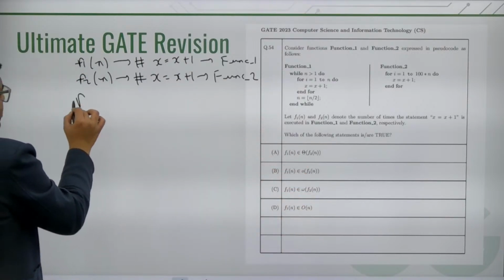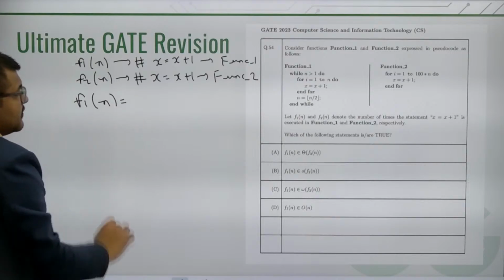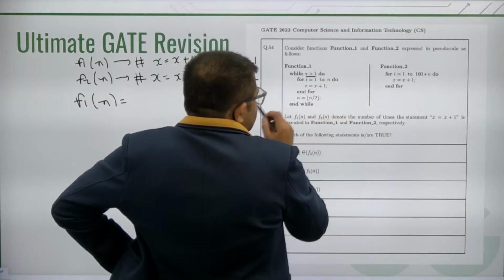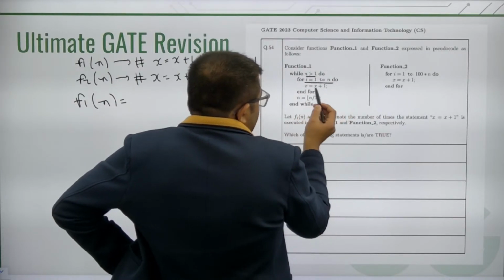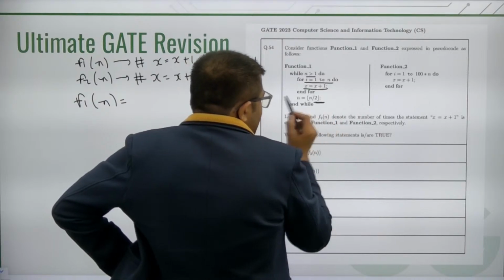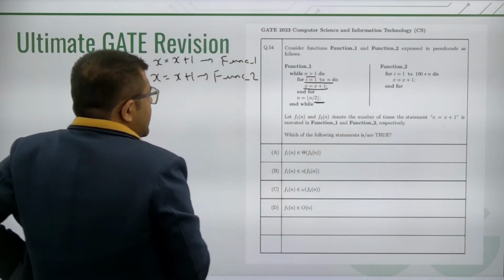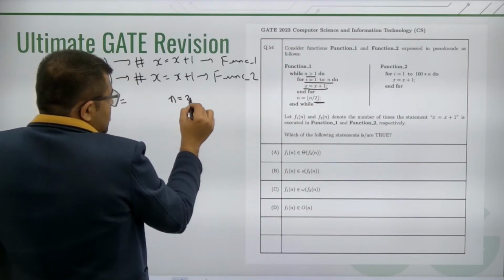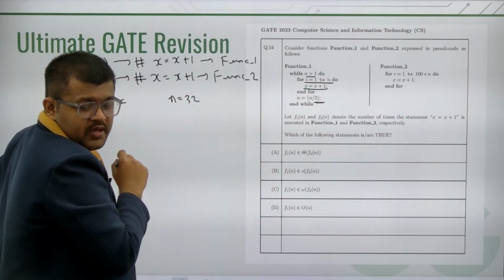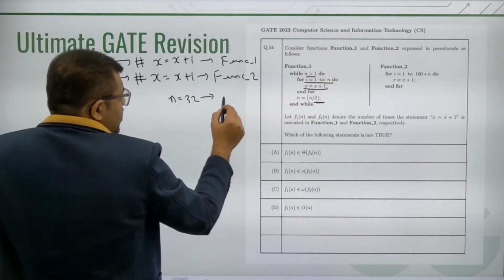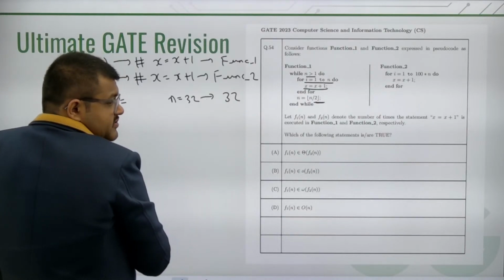So what will be f1(n)? Let us calculate. Here, while n is greater than 1, for i equals 1 to n, do x equals x plus 1 and then divide the value of n by 2. So we have an outer while loop. Let's say the value of n is 32. Here the inner loop will run for i equals 1 to n, so 32 times.